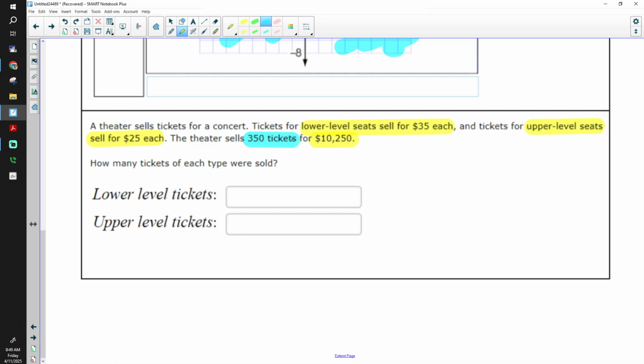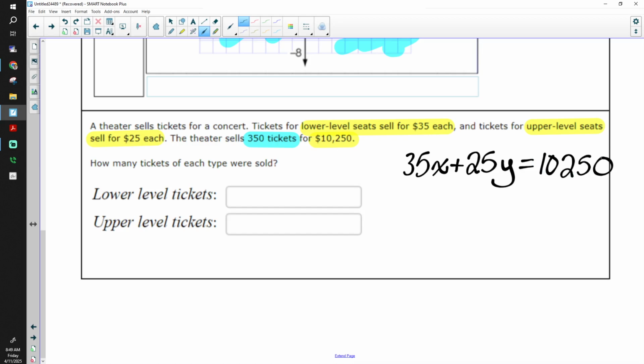Now, we are looking for the one that does not belong. 350 tickets doesn't belong. The other ones all talk about money. So those are all going to go together to make our first equation. Okay? So 35x plus our upper level, 25y, equals my total amount of money, 10,250.